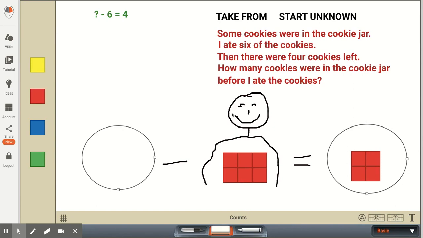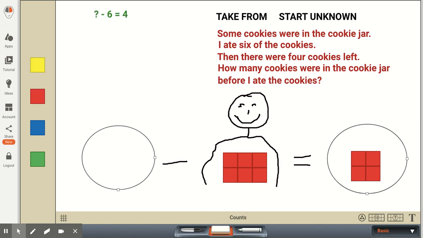But I'm wondering how many cookies were in the cookie jar before I ate the cookies. So this is the picture that I drew to represent the problem. Some amount of cookies were in the cookie jar. I ate 6 and there were 4 left.